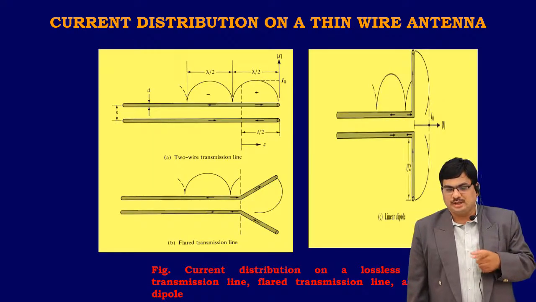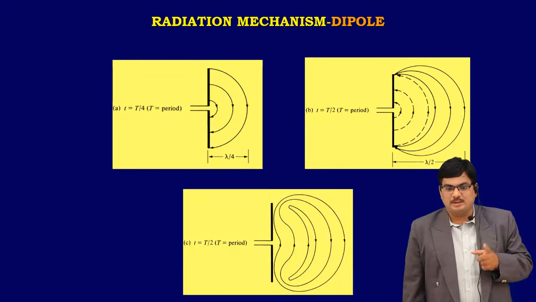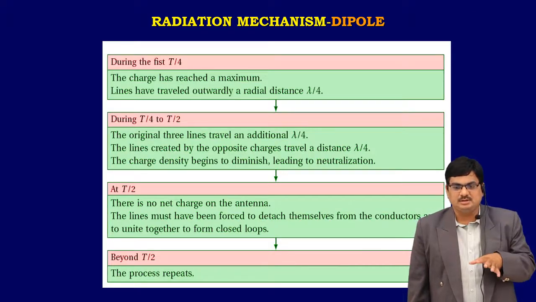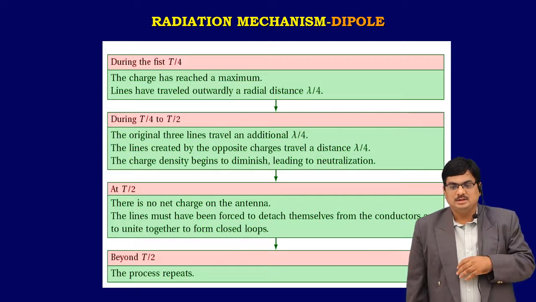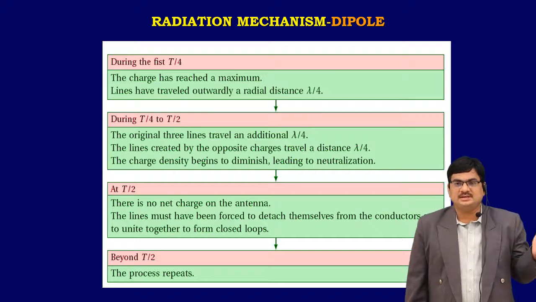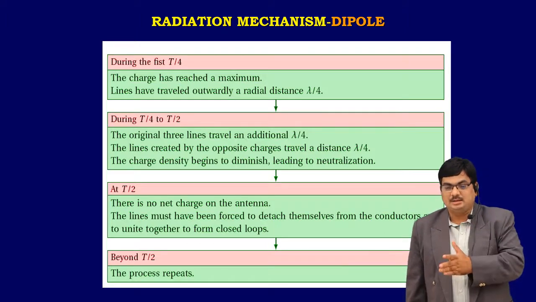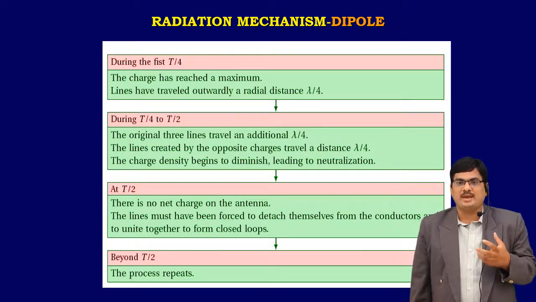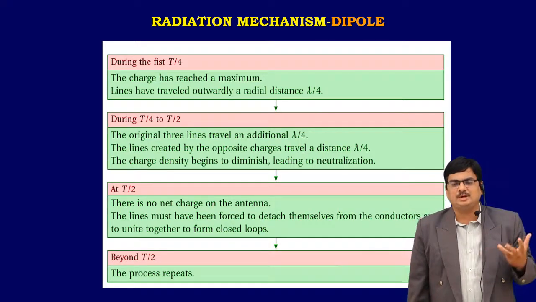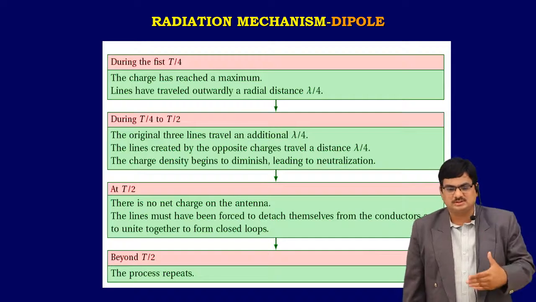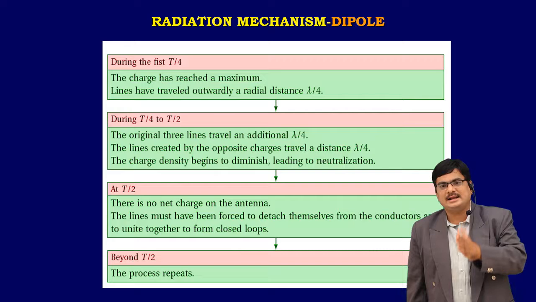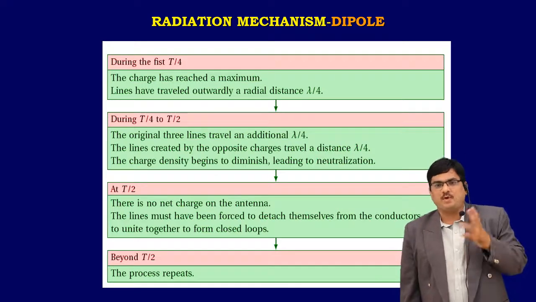At t is equal to T by 2, there will be no net charge on the antenna. The lines are forced to detach from the conductor and unite together to form closed loops. So beyond T by 2, there will be no net charge, they are detached from the conductor, and loops are forming.